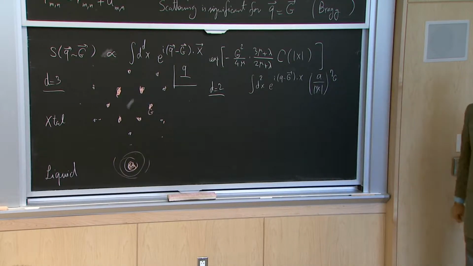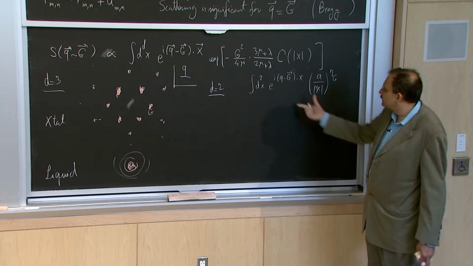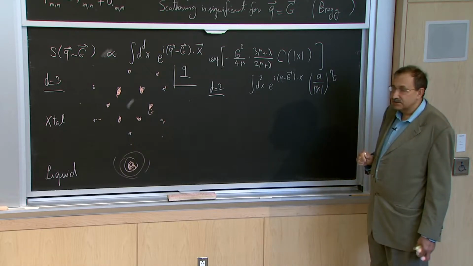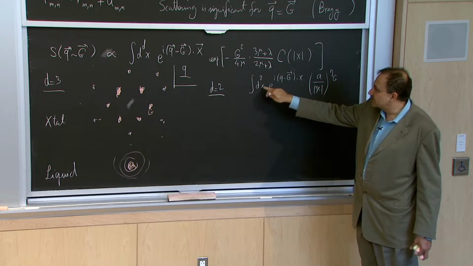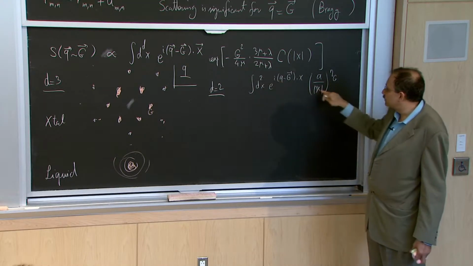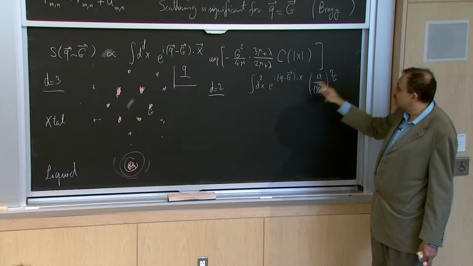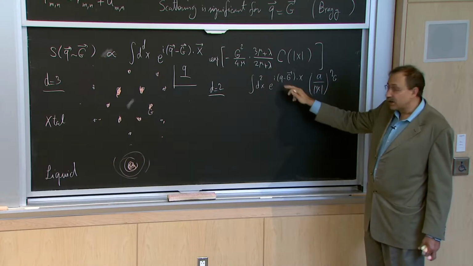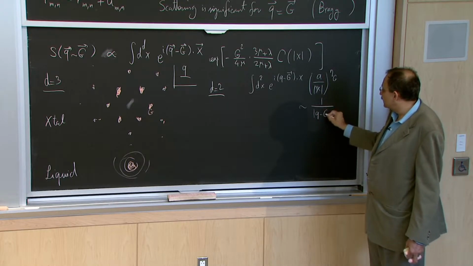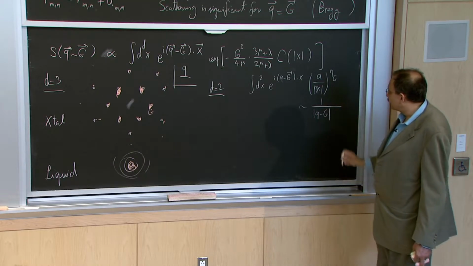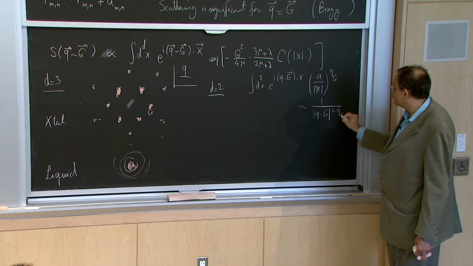It's related to that combination. Okay? And when you integrate this, just dimensionally, you can see that it is an integral that scales as x to the power of 2 minus eta. x is inverse to q minus g. So this is going to scale as 1 over (q minus g) to the power of 2 minus eta.